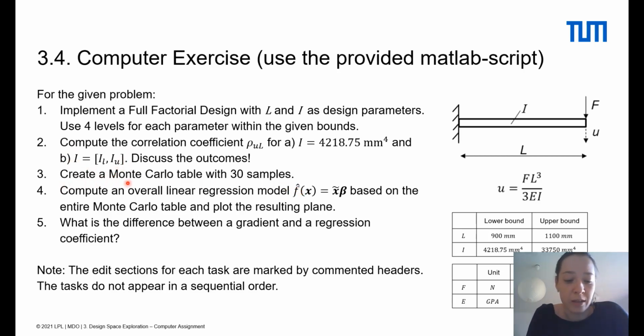Then we have to create a Monte Carlo table, so that's what we haven't seen so far, that's the random sampling, and then compute a linear regression model based on the Monte Carlo table. And finally we have to answer a little question, so what's the difference between a gradient and a regression coefficient?